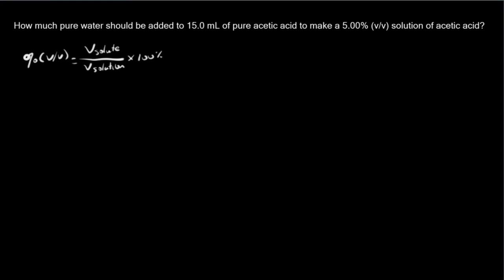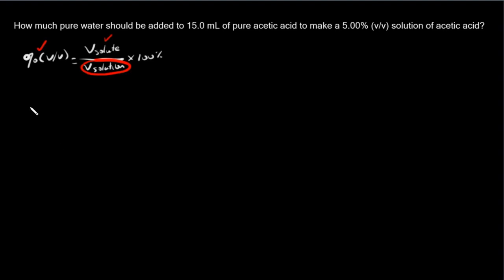I'm looking for the volume of the solution, but I'm actually just looking for the volume of the water. The solution is going to be the water plus the acetic acid, so we'll have to take that into account later. I have this value and this value, so I can simply rearrange my equation and I should be able to get what I want.